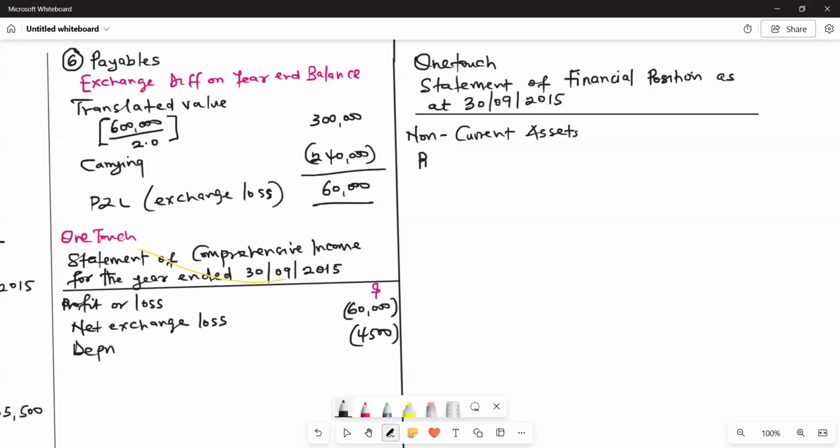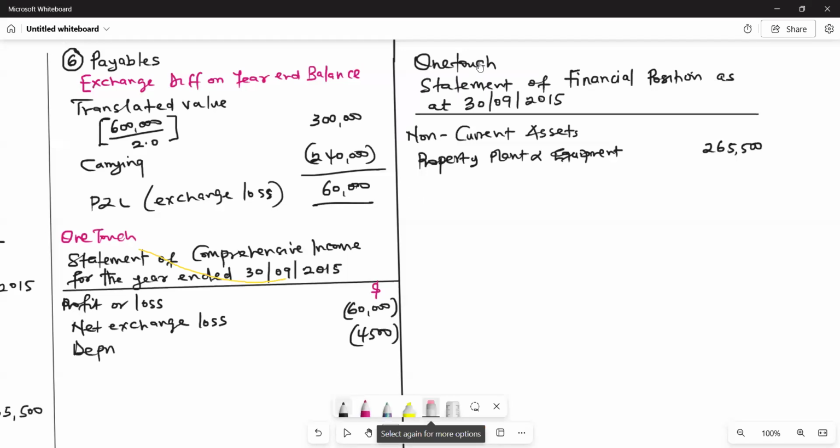Non-current assets, so we have property, plants, and equipment. That will give us how much? Who says 500? Then in equity, we don't have any revaluation thing, eh?